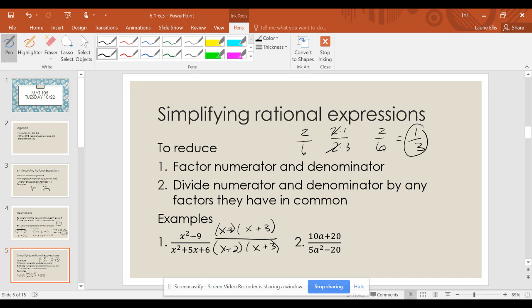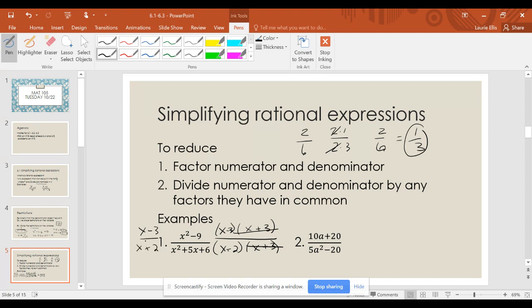Again, off to the side, you could do the boxes if I'm going too fast for you, but it does factor into x plus 2, x plus 3. I look for the common factors, and I can cancel those both out because the numerator and the denominator both have the x plus 3. So my simplified answer is x minus 3 over x plus 2.